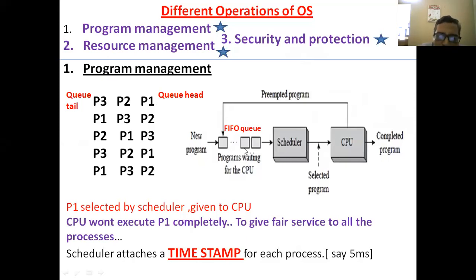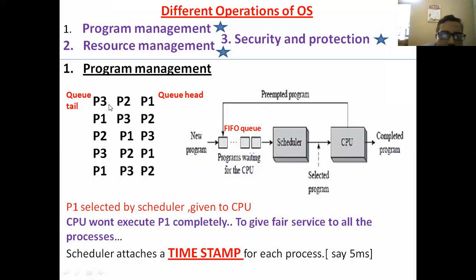Here all the programs will be in a first in first out queue. The OS will maintain this queue, and the program at the head of the queue will be given to the scheduler, and the scheduler will give the program to the CPU for execution.